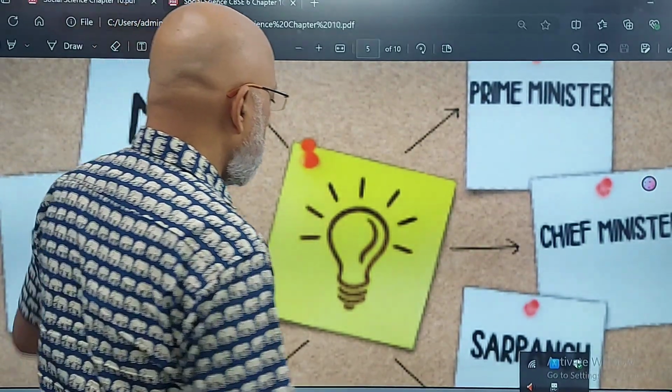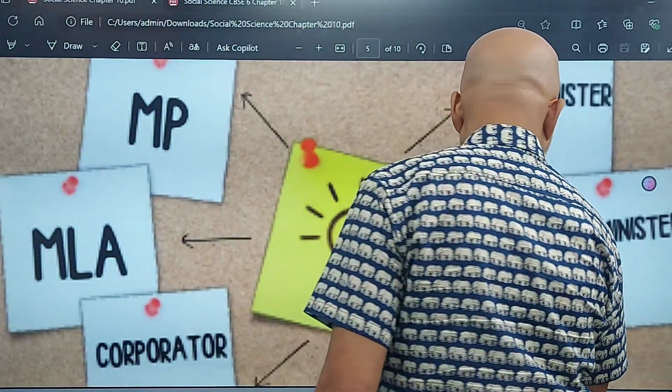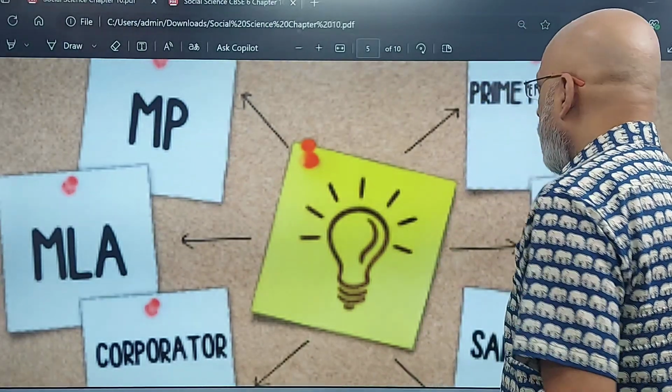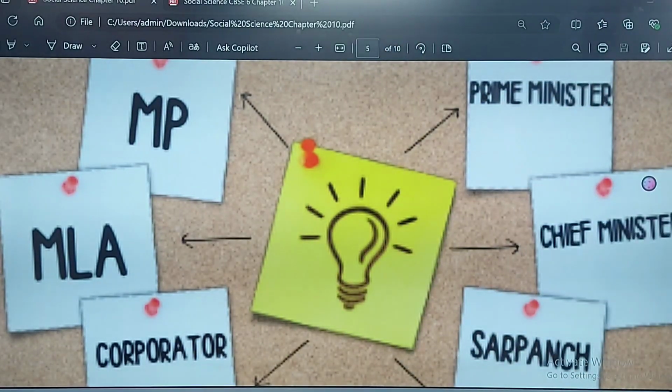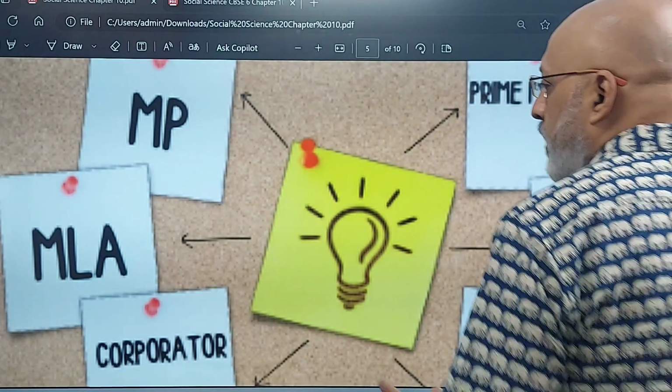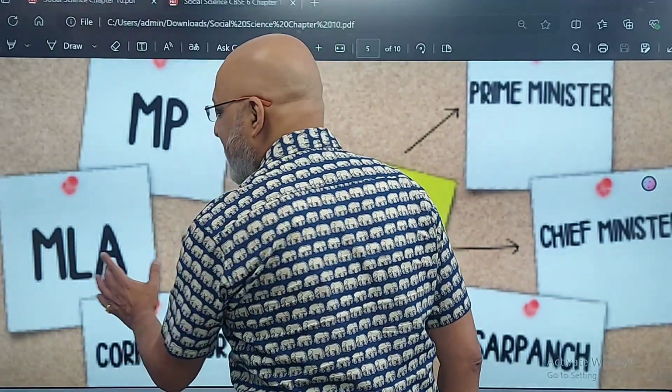So what happens out here? You have an MP, member of parliament, in the Lok Sabha, like Varanasi, as I told you, Amethi from KL Sharma, Rae Bareli from Rahul Gandhi. So different people are elected from different places. MLA is at the state level, which is member of legislative assembly.